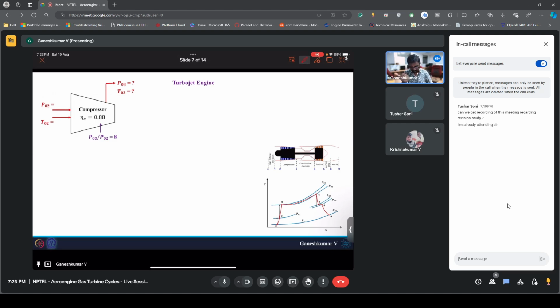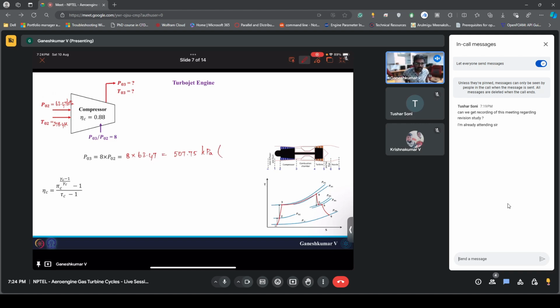For the compressor, we know the pressure at the inlet is 63.47 kilopascal, and we know the temperature to be 278.4 Kelvin. The compressor has an efficiency of 0.88 and the pressure ratio is 8. That directly gives you P03, which is nothing but 8 into 63.47 kilopascal, which should be something like 507.75 kilopascal.